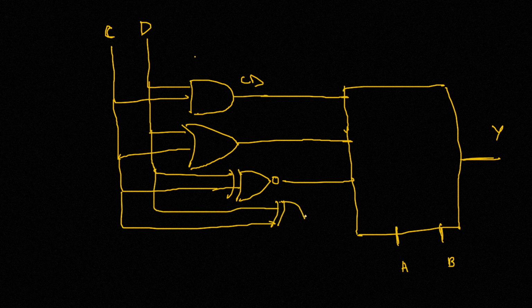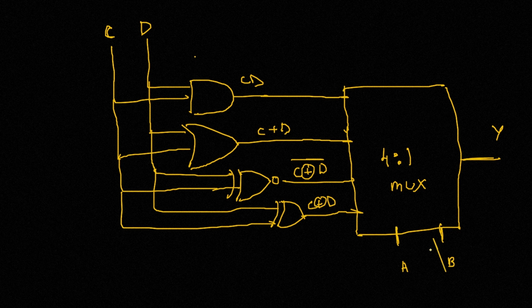And then the final input is C XOR of D. So this is how you can implement a 4 variable expression using a 4 cross 1 box. So 2 of these inputs will be select lines. You can take any 2 inputs as select lines and any 2 inputs as the input lines.